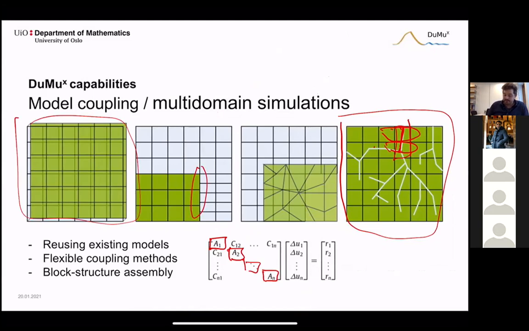You can have different types of meshes, like a structured mesh and an unstructured mesh, and they may be overlapping. And then you need to also compute these intersecting elements, and the software helps you do that. And you don't have to implement it yourself. So I use this software. You can check it out at dumux.org.